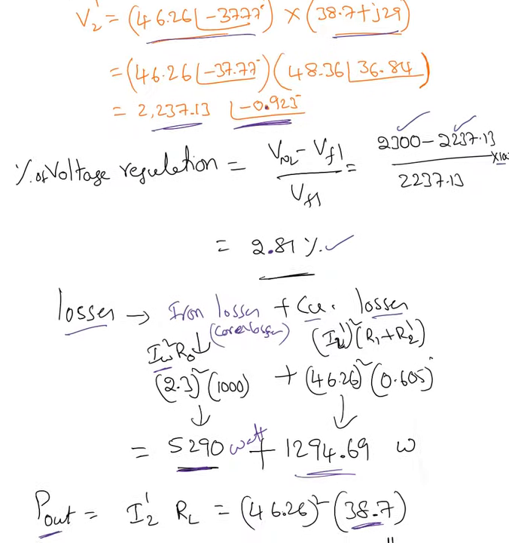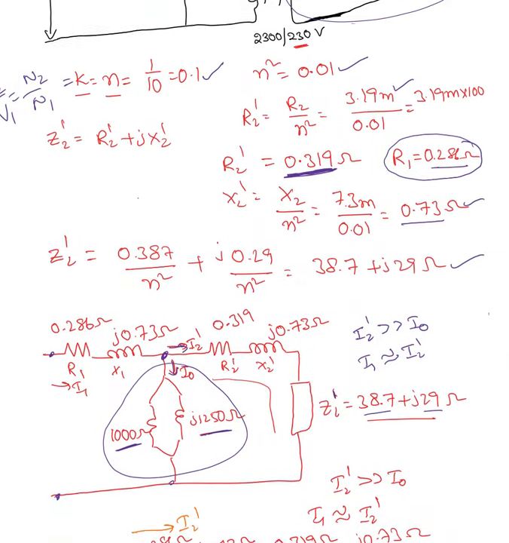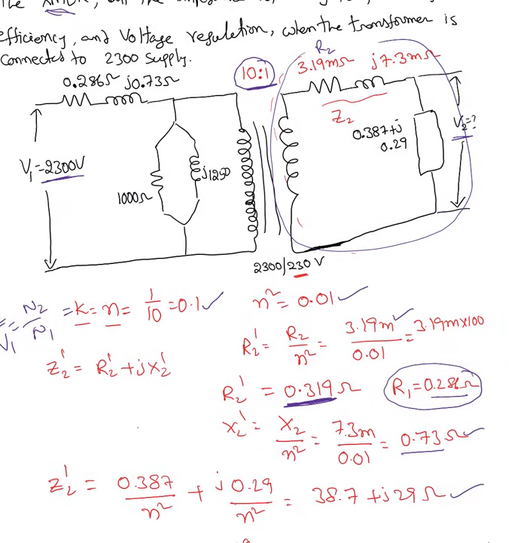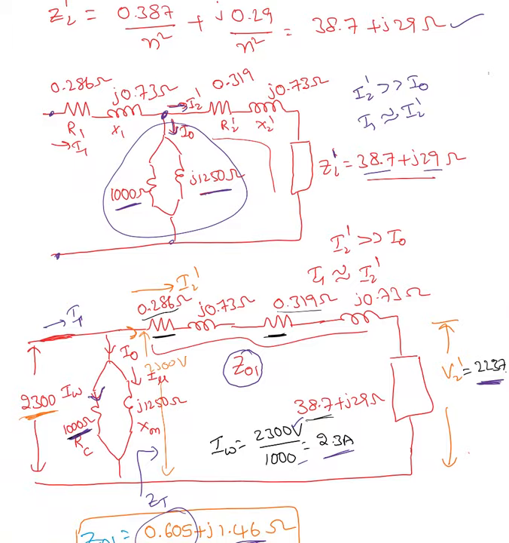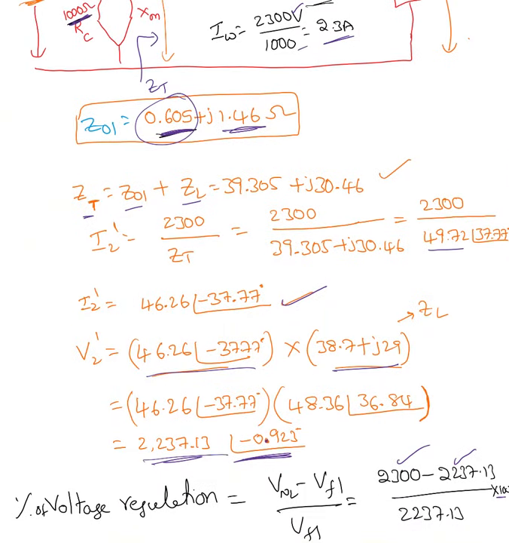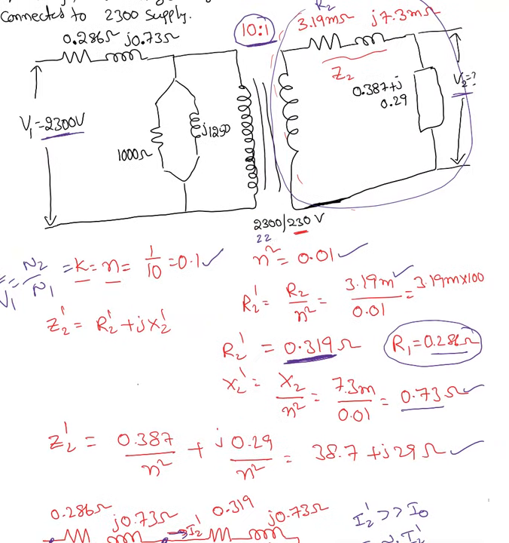Now he's also asking about V2 here. What is the voltage there? Instead of 2300 volts, I'm getting only 2237.13 volts, the voltage we found. Now can you tell me what voltage we're going to receive?